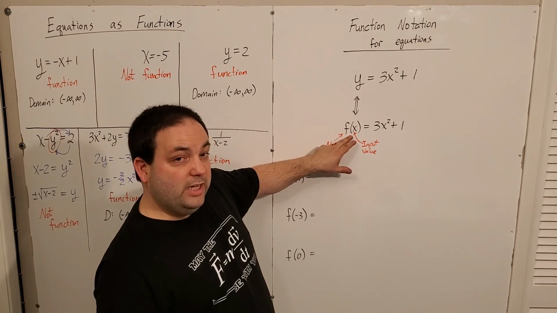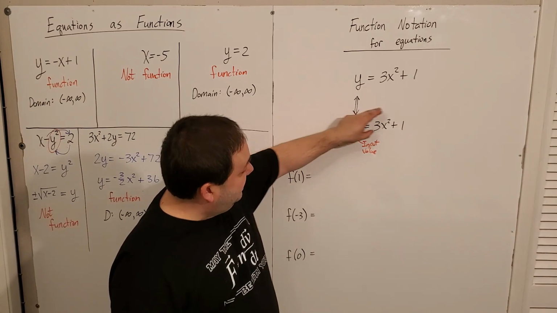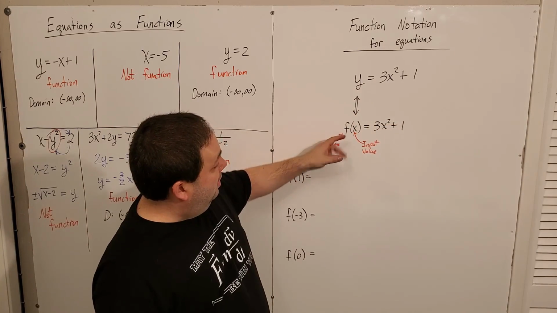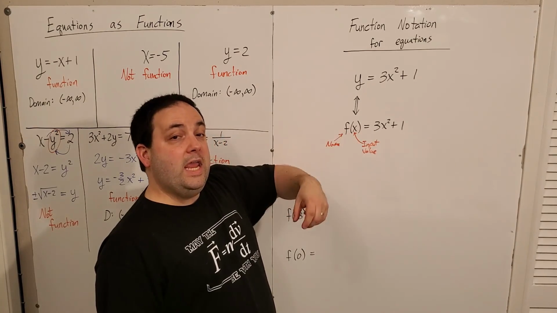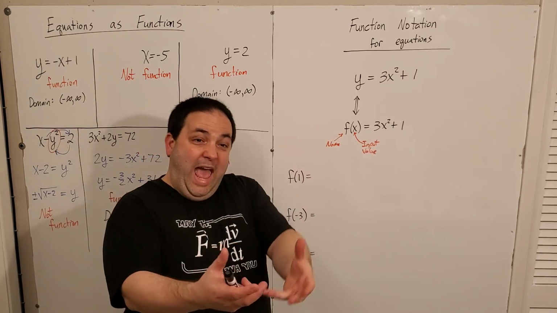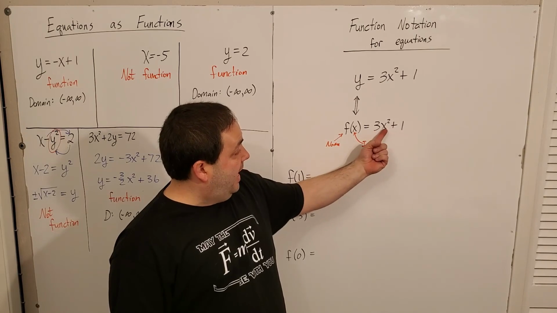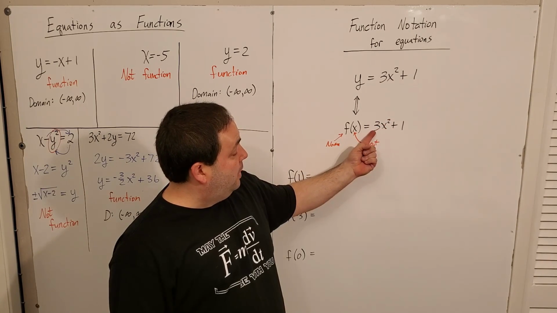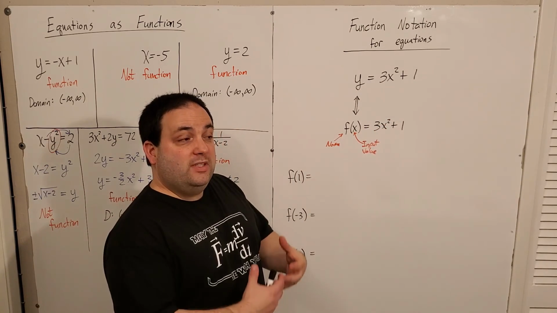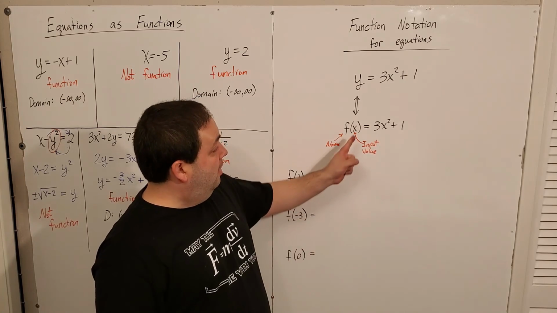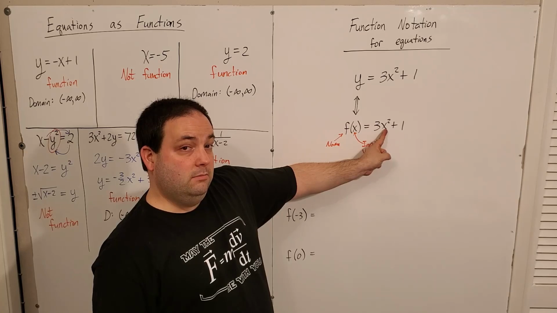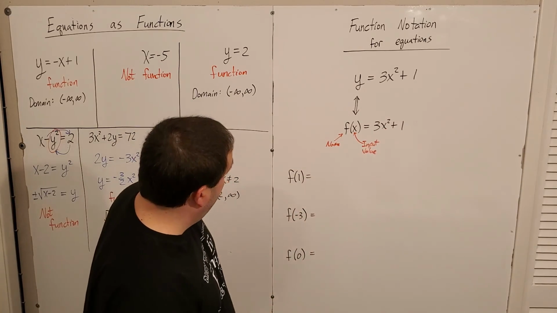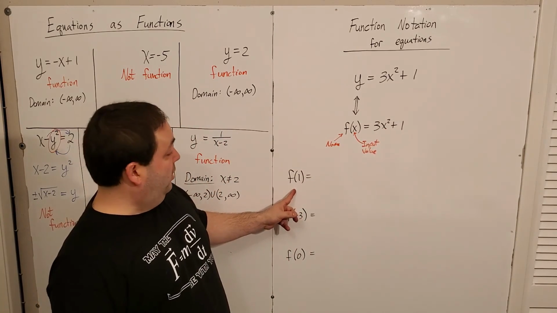It's just extra information. Notice in the original setup here, I have the name of f, and it's telling me, hey, when your input is x, you take x and square it, multiply by 3, and add 1. So it's a generic definition. For any input x, this is what you do with it. Okay, so f of 1, what does that mean?